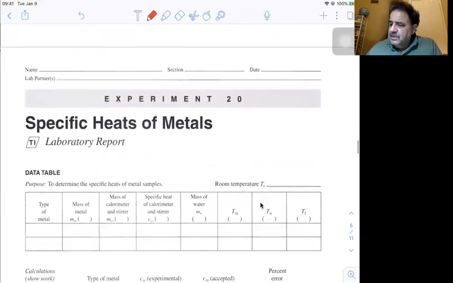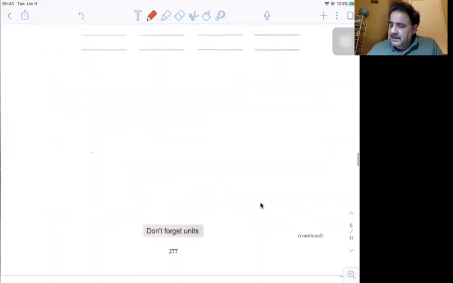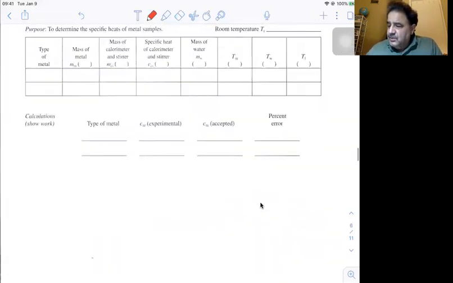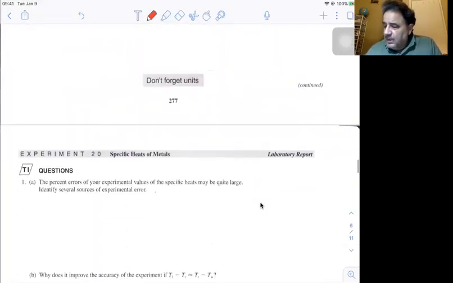After the procedure, you get a table, the laboratory report, and then it ends with questions, and you need to turn all three of those in order to get full credit. If you're missing a section, some people just turn in the data table. That's about 50 points. I mean, if you're going to get 100 points, you need to turn it all in.